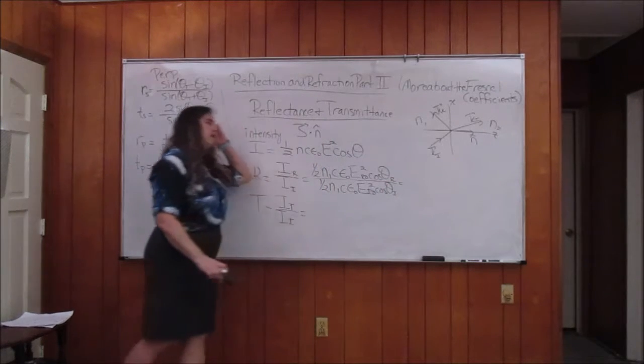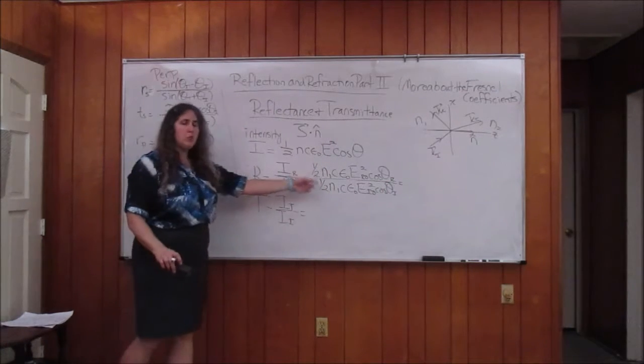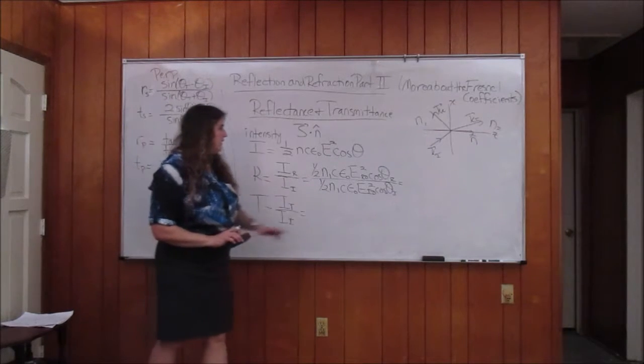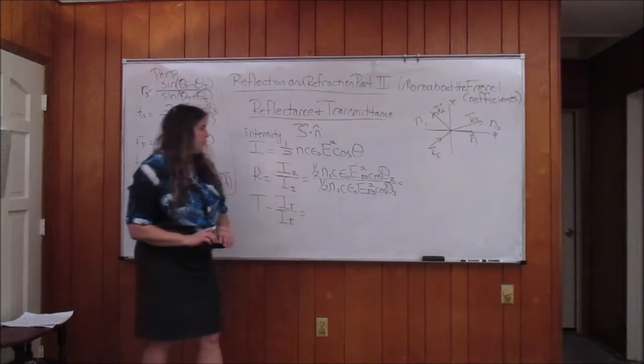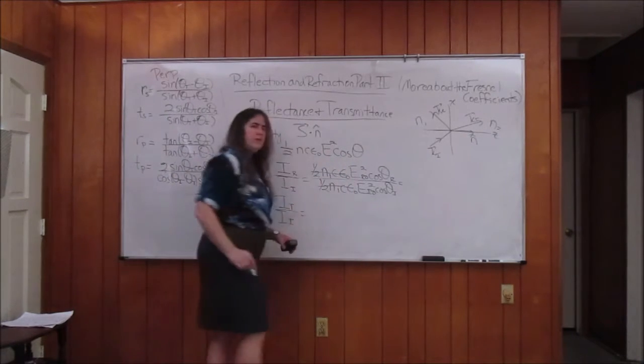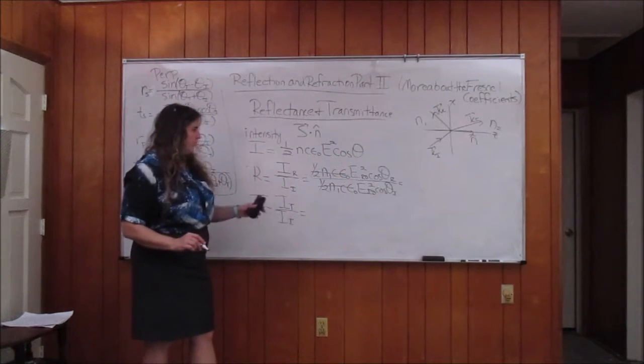And the intensity of the incident wave is equal to one half n1, again, it's propagating through the same medium, times epsilon naught E_I0 squared cosine theta I. So all of these factors out front cancel each other out.